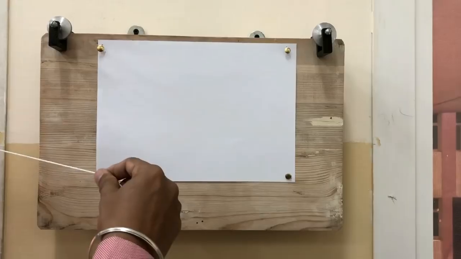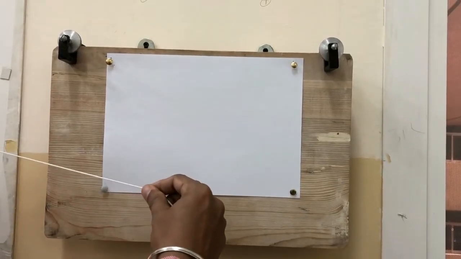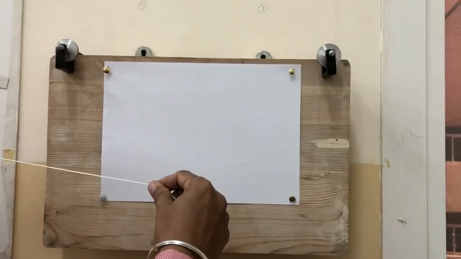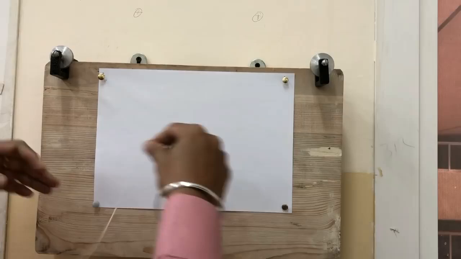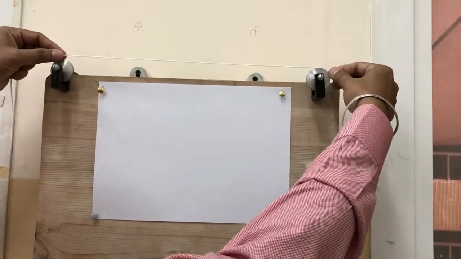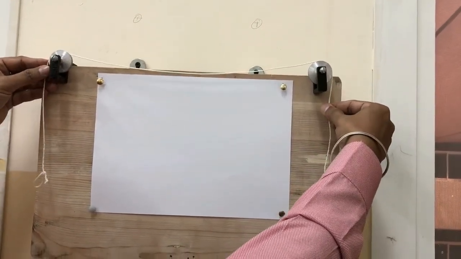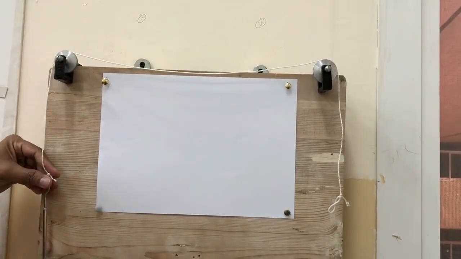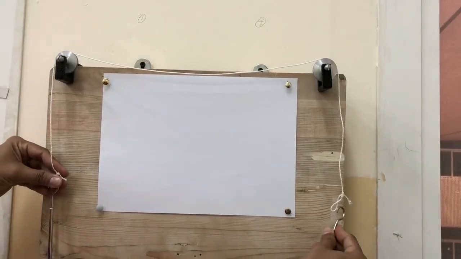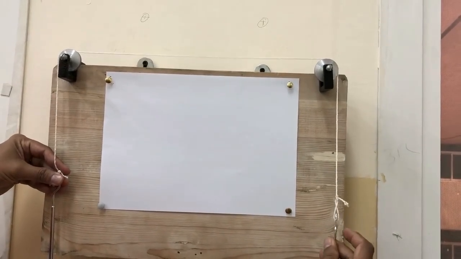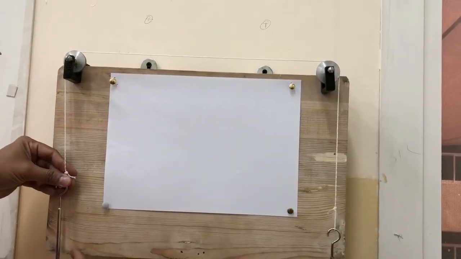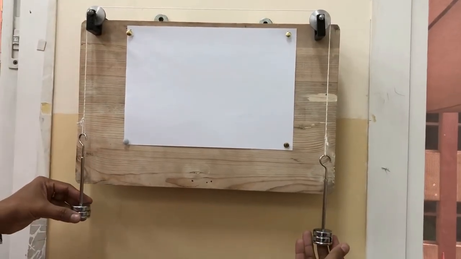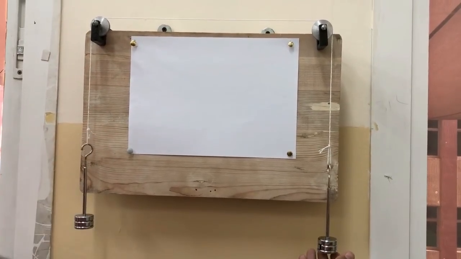Take a thread and pass it over the pulley with equal weights, say around 100 or 150 grams, at both ends, and let these weight hangers be referred to as P and Q. So here we have attached around 150 grams.